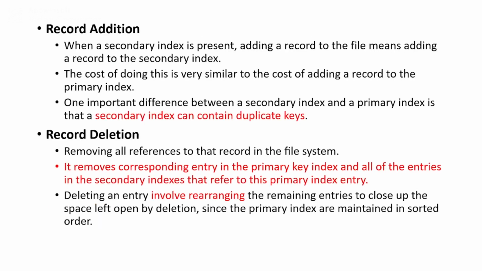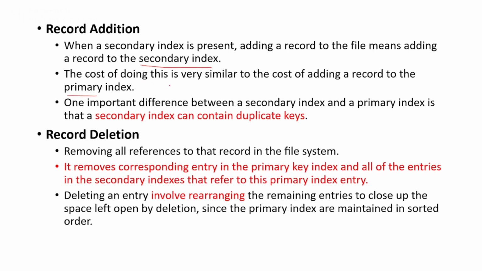Now we have several operations over here. The first thing we have is record addition. When a secondary index is present, adding a record to the file means adding a record to the secondary index also. Whenever you add to the data record, you need to add it to the secondary index also, and once again to the primary index also.